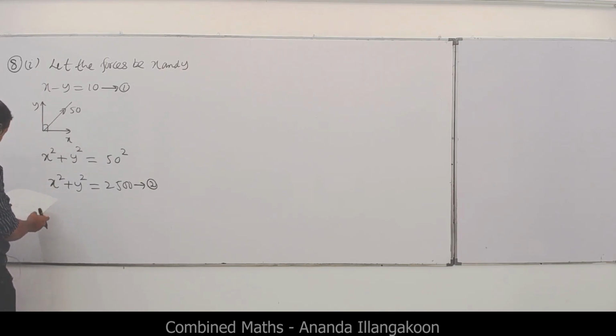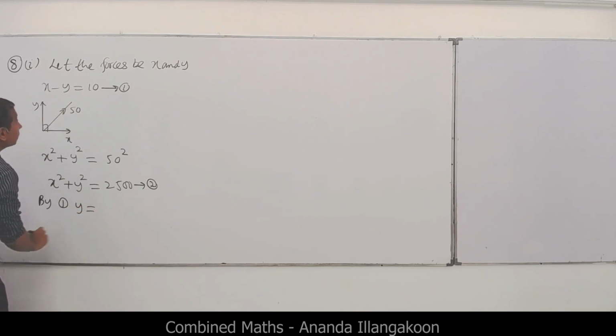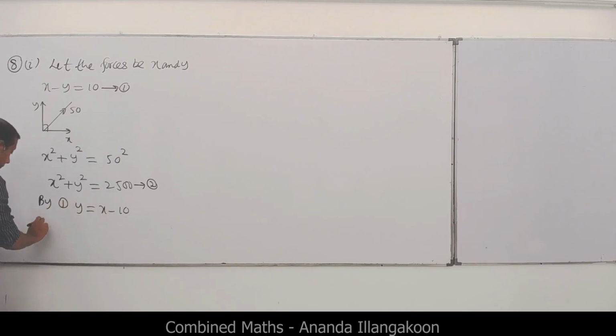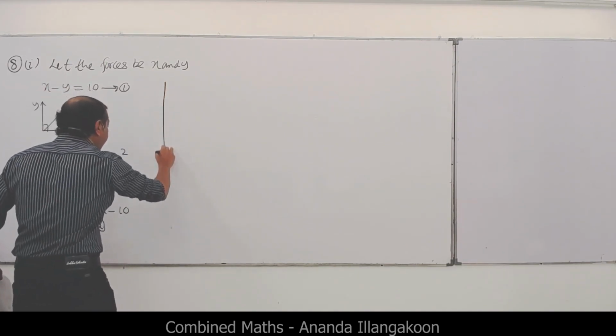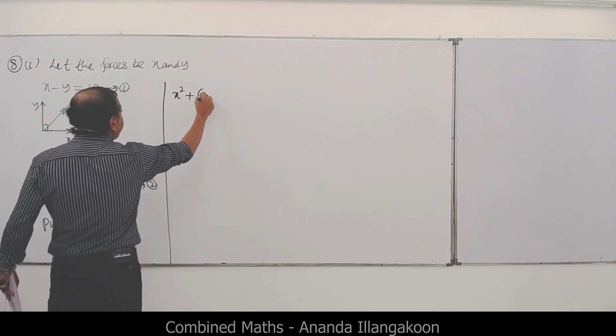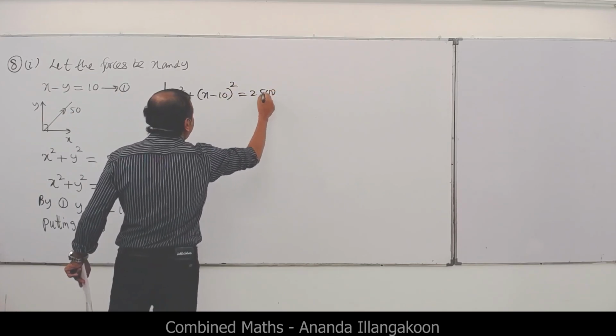Right. Then by number 1, we can make y the subject, bring this 10 to this side, y equals x minus 10. That y, x minus 10, we put where here? Put in number 2, right? We get x squared plus (x minus 10) whole squared equals 2500.